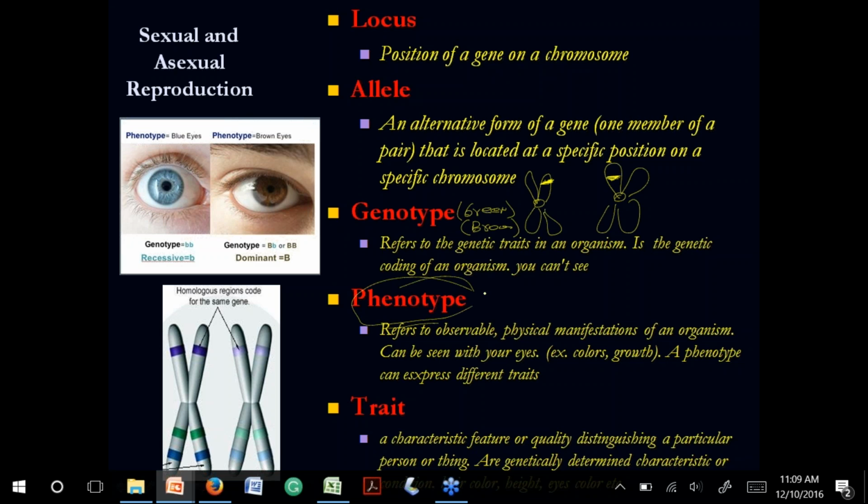Let's put it this way: this is something that you can see. Okay. All right. So trait is both of them, genotype and phenotype. Trait is a consequence of the recipe and the result of the cooking. All right.